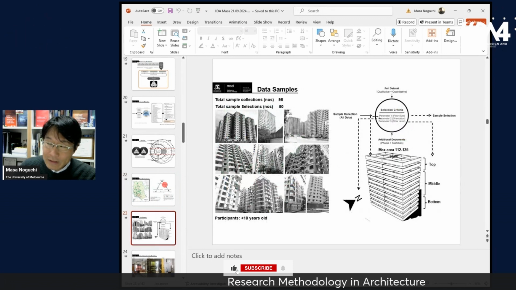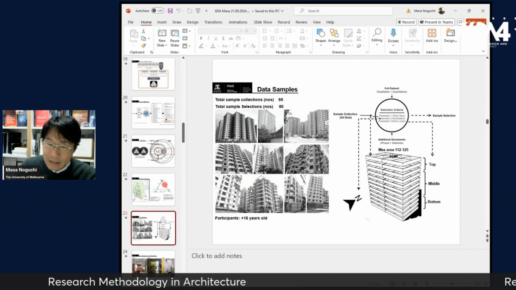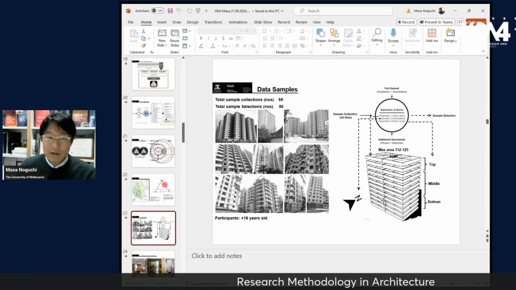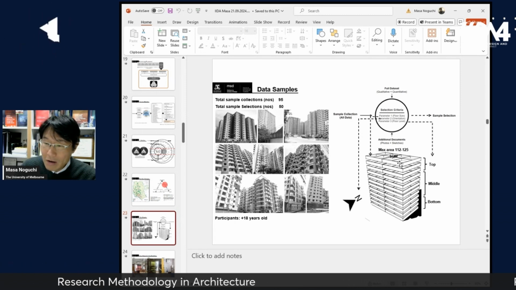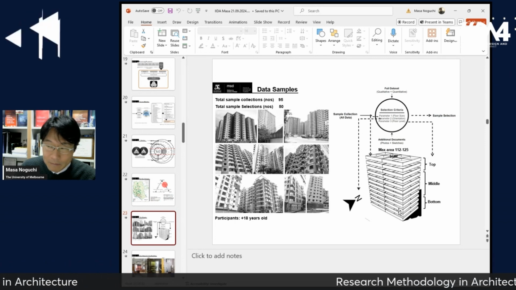So he visits the site and collects their samples. He chose the locations according to the height and according to the orientation. Why? The experience of people who live in the upper floor is different from the lower story.